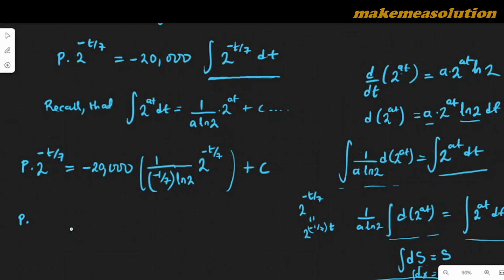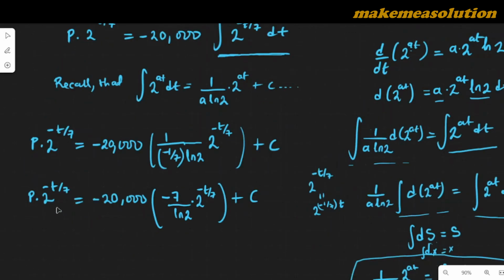So p times 2 raised to the power of minus t over 7 is equal to minus 200,000, then resolving the brackets, 1 divided by minus 1 over 7 is actually minus 7, over ln 2. Then you now have 2 raised to the power of minus t over 7, plus c.